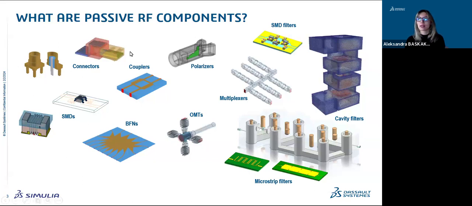Other examples are couplers, polarizers, SMD, cavity, microstrip, or high power filters. So all those components that orchestrate the flow of signals. So essentially, any component that carries a radio frequency signal.